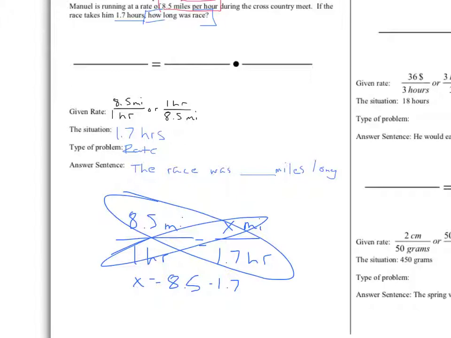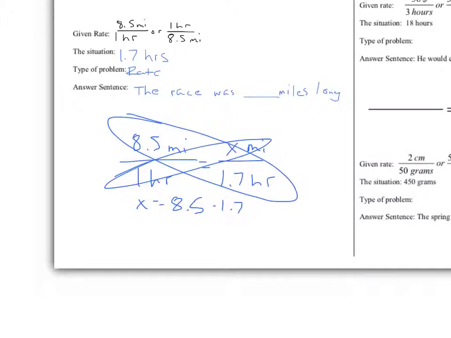However, what proportions don't exactly always do a really good job for us is give us a quick way to set up an equation. Realistically, if we wanted to write this as an equation, we might write it as, for our answer, we want to know how many miles. So for y miles, he's running 8.5.